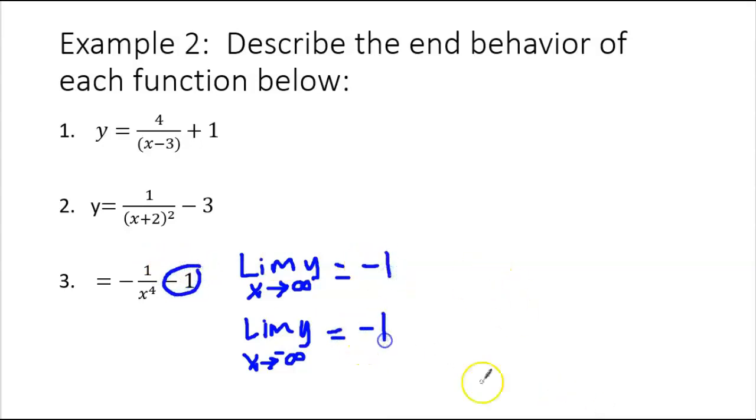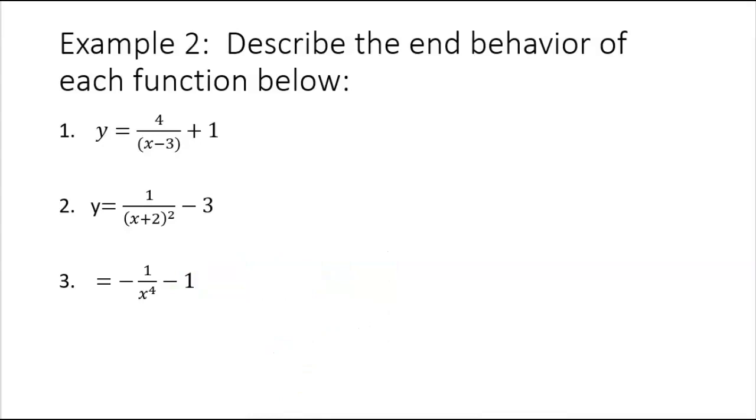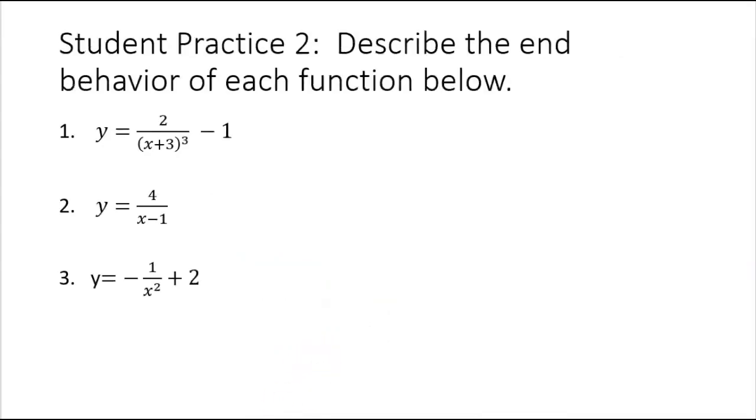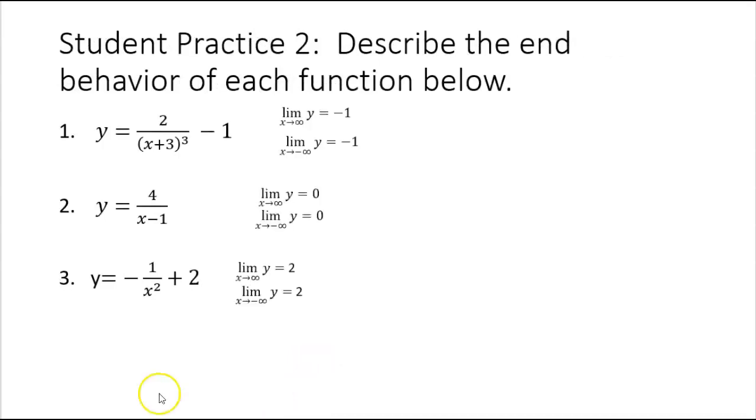That's the value that it's getting closer and closer to. Okay? And so that's how you describe the end behavior of one of these rational functions. All right? Why don't you guys go ahead and pause the video and try student practice number 2. When you unpause the video, you'll see the solution.